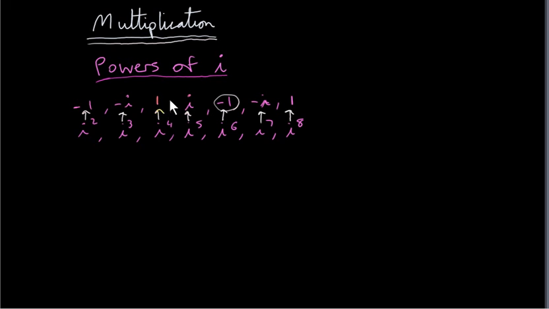It goes from minus 1 up to plus i, and then it starts at minus 1, and it'll keep going. The next term here will have to be plus i, and then after plus i we have minus 1, so we know that i to the power of 10 must equal minus 1, and so on. So basically these are the 4 that get repeated. So when we raise i to a power, we always get one of these 4 numbers.